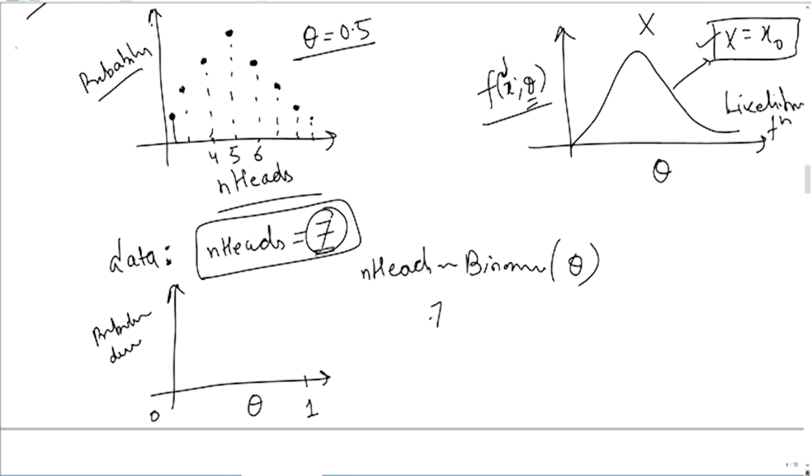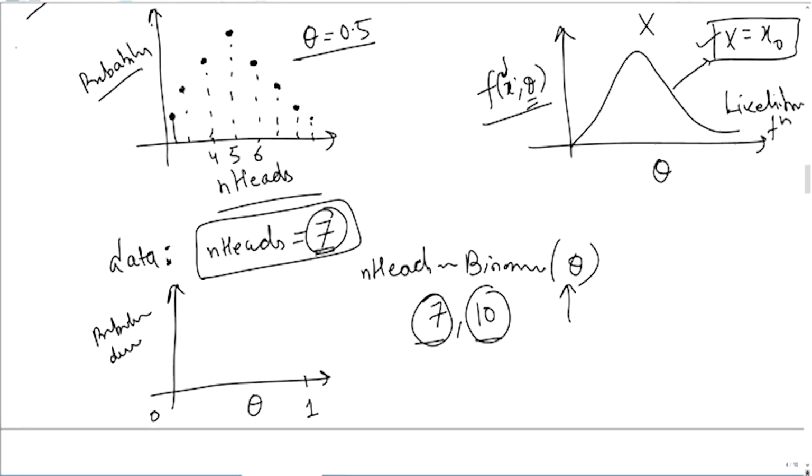So, you are obtaining 7 heads out of total 10 coin tosses, right. Now, if you plug in different values of theta, let us say you take thousands of values of theta between 0 and 1, and plug in all these values in a binomial PMF, given that x is 7 and n is 10, then you will have a function with respect to theta, right.